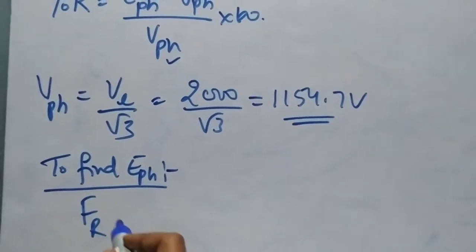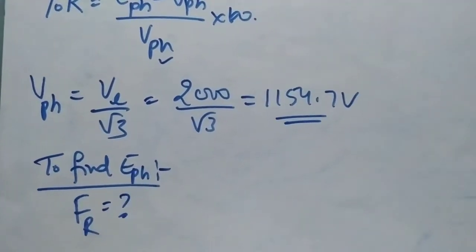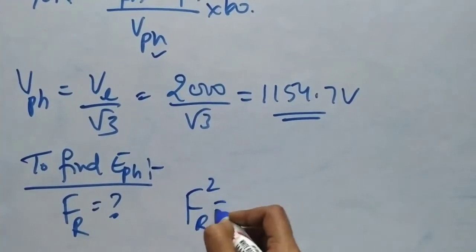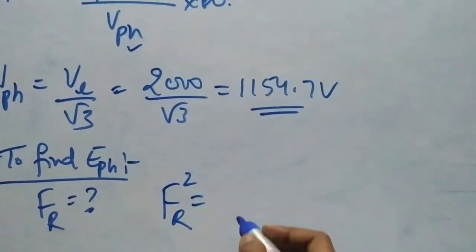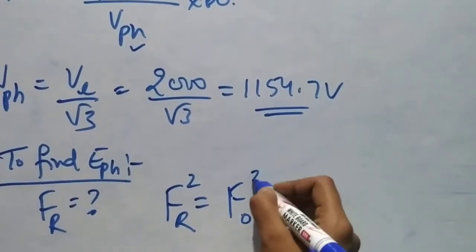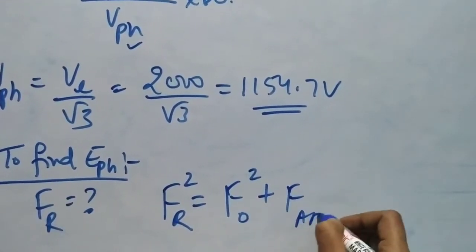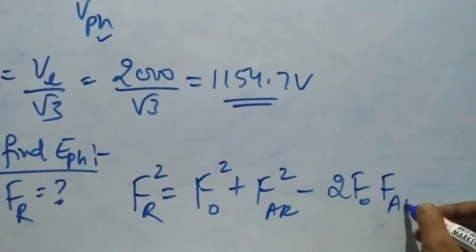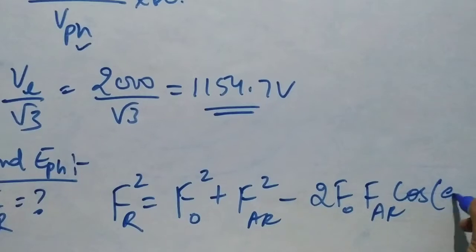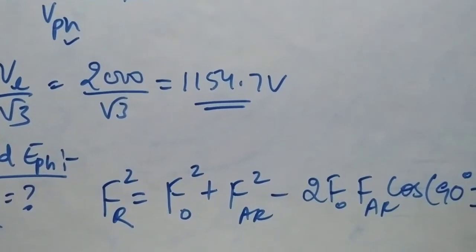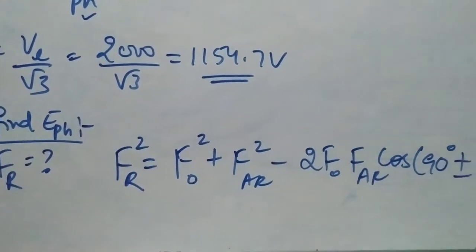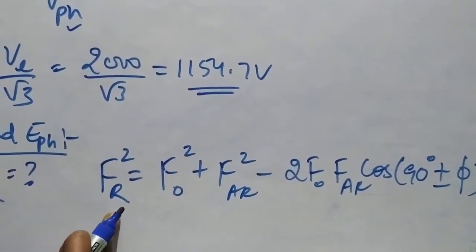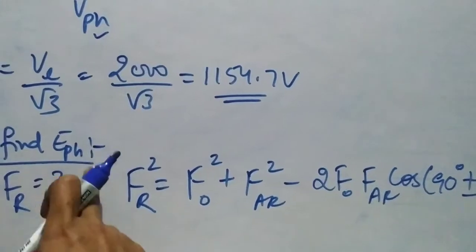To get this resultant field current we have to use the formula FR square is equal to F0 square plus FA square minus 2 times F0 into FAR into cos of (90 degree plus or minus psi). This formula we have to use. Corresponding to this field current FR, we have to intersect with the OCC curve and get the value of E phase.